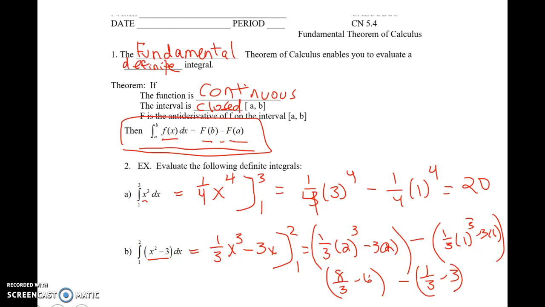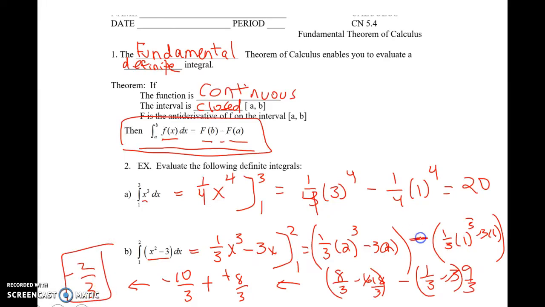If I change 6 to thirds, that means I have 8/3 minus 18/3, which would be negative 10/3. 1/3, change 3 to thirds as well. 1/3 minus 9/3 is negative 8/3, and then I'm going to subtract that, which gives me a final answer of negative 2/3. Please be careful with this minus. Make sure you subtract all of the second part there, and be careful working with your fractions.